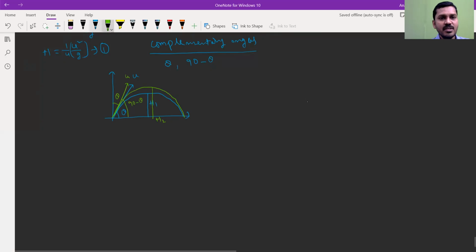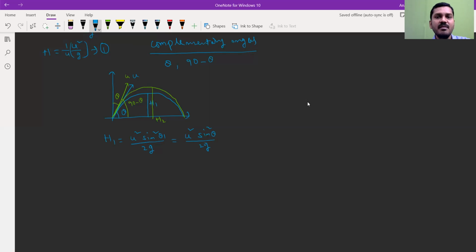Right now, I am taking the maximum height for the first body and the maximum height for the second body. So for the first body, maximum height h1 is equal to u square sine square theta divided by 2g, just substituting the theta 1 value here. This is the maximum height of the first body.